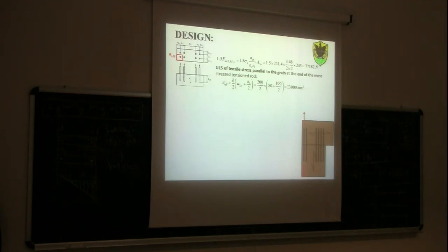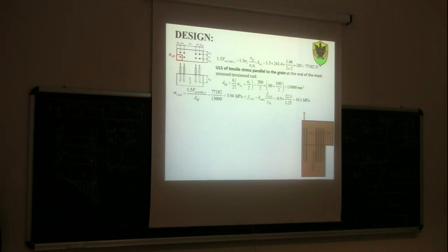So it's 13,000 square millimeters. Then on this cross section of wood we calculate the tensile stress parallel to the grain, which would be sigma T0D is 77,182 divided by 13,000. It's 5.94 megapascal.